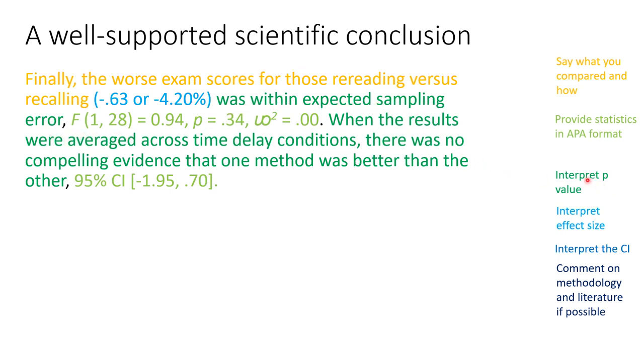That's the interpretation of the p-value. And then I'm providing the information of the statistics here. When the results were averaged across time delay conditions, there was no compelling evidence that one method was better than the other. That's my interpretation of that p-value. And then here is the confidence interval for that mean difference.